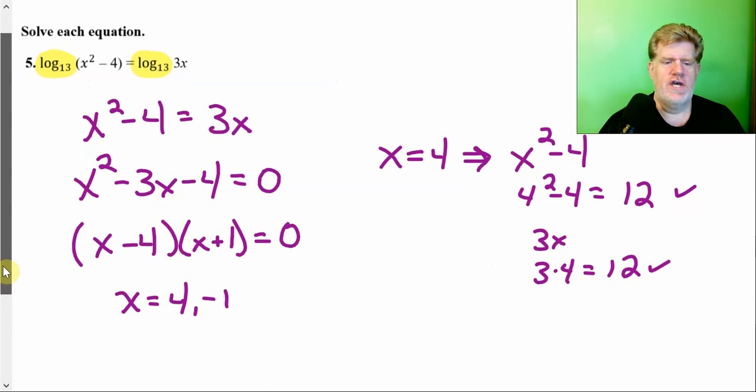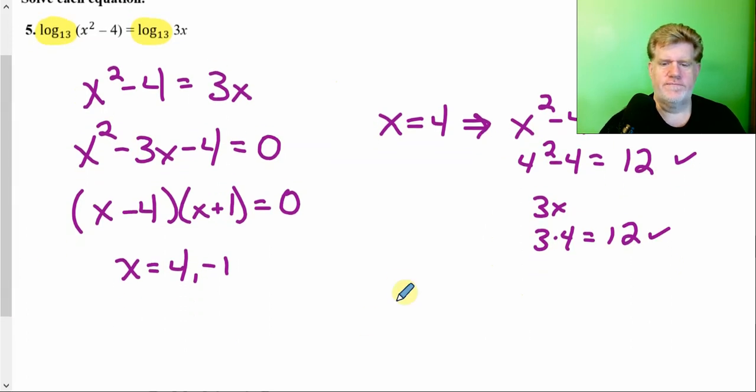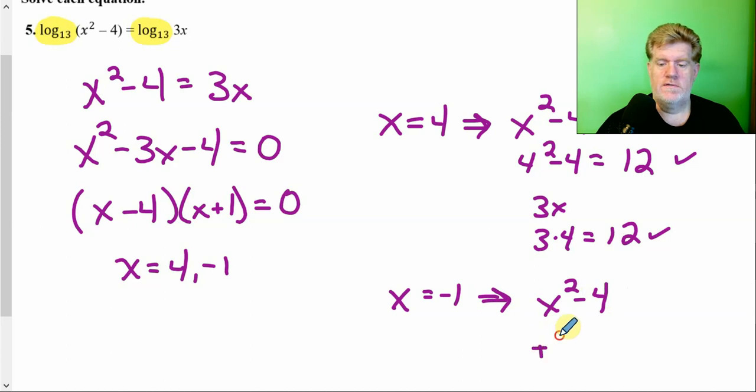Now we have to check negative 1. Negative 1 squared is 1, and 1 minus 4 gives me negative 3.